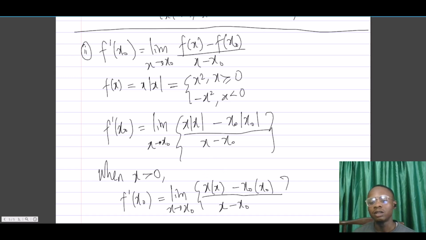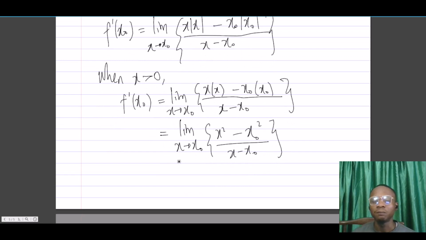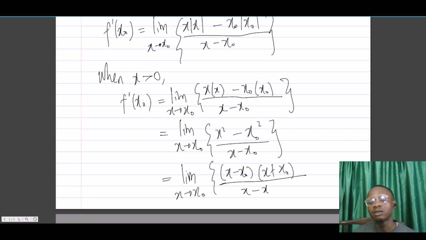So this is going to be x minus x naught. And if we go ahead, this will give us the limit as x approaches x naught of x squared minus x naught squared divided by x minus x naught. So we know that this is a difference of two squares, and from here we can say that this is equal to the limit as x approaches x naught of x minus x naught into x plus x naught, divided by x minus x naught.